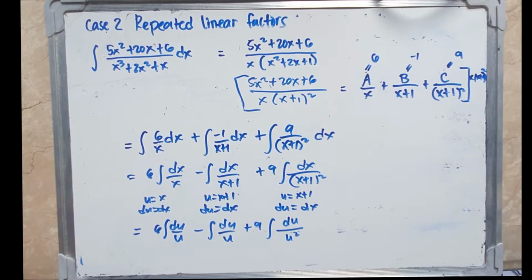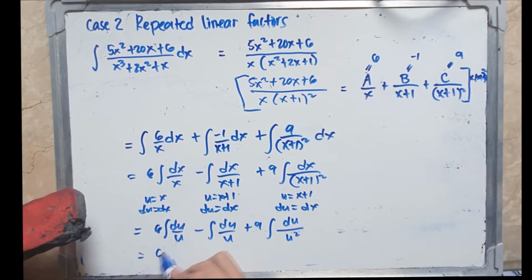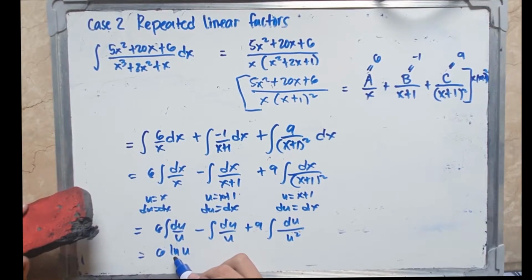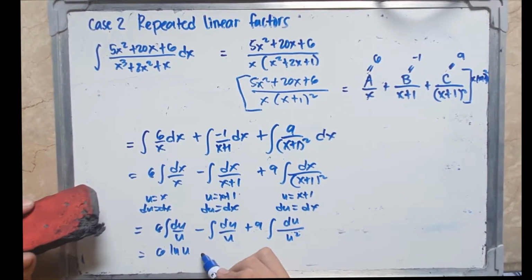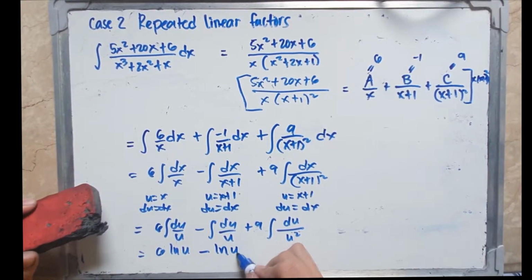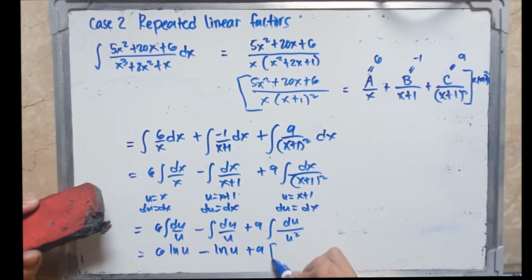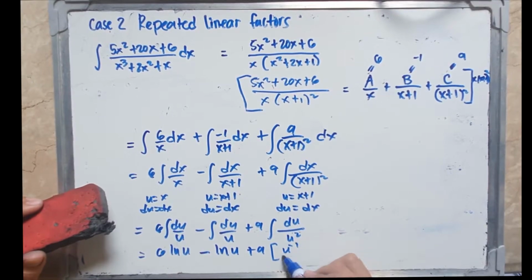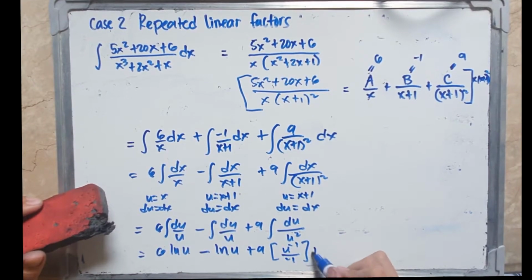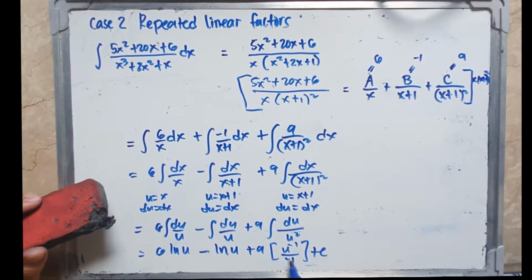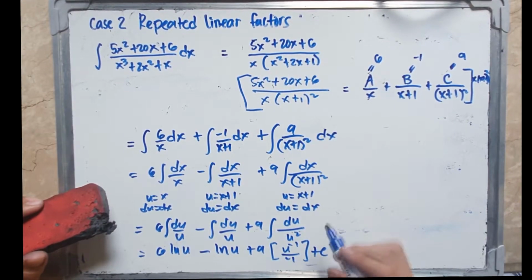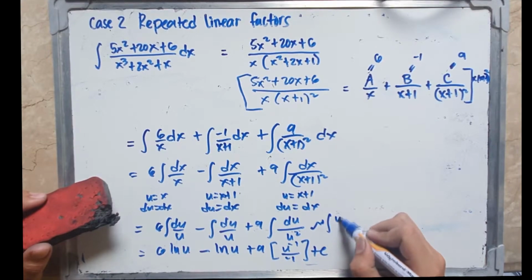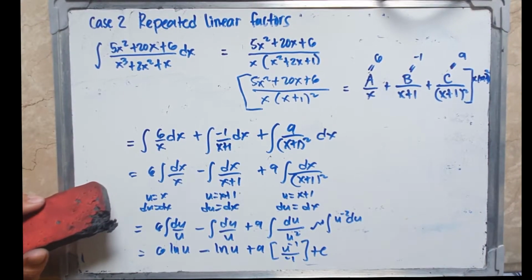Okay, so this is 6 ln u minus ln u plus 9 times u to the negative 1 over negative 1, plus C. Notice this is u raised to the power of negative 1 because we can rewrite this one as u to the negative 2 du.